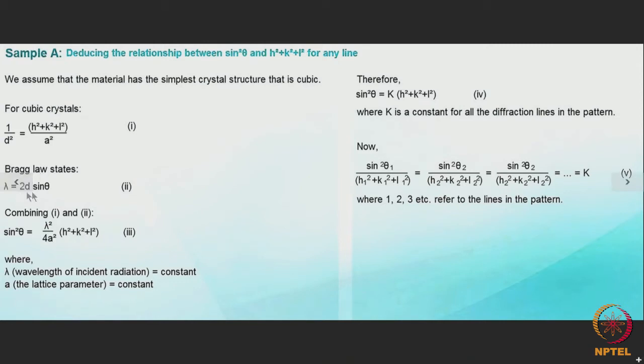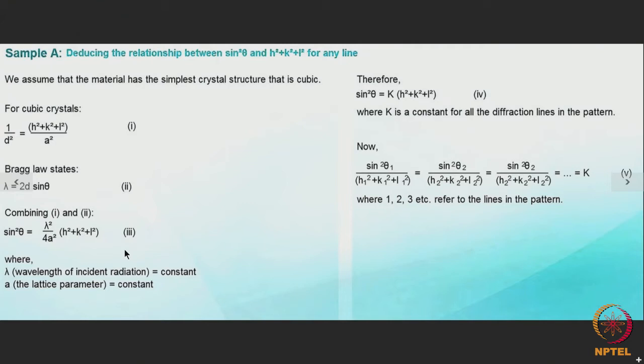Now, we know that Bragg's law states that lambda is equal to 2d sin theta. If we combine these two, we can write sin square theta is equal to lambda square by 4 a square multiplied by h square plus k square plus l square, where lambda is the wavelength of the incident radiation. It is a Debye-Scherrer method, a powder method, so lambda is a constant value.